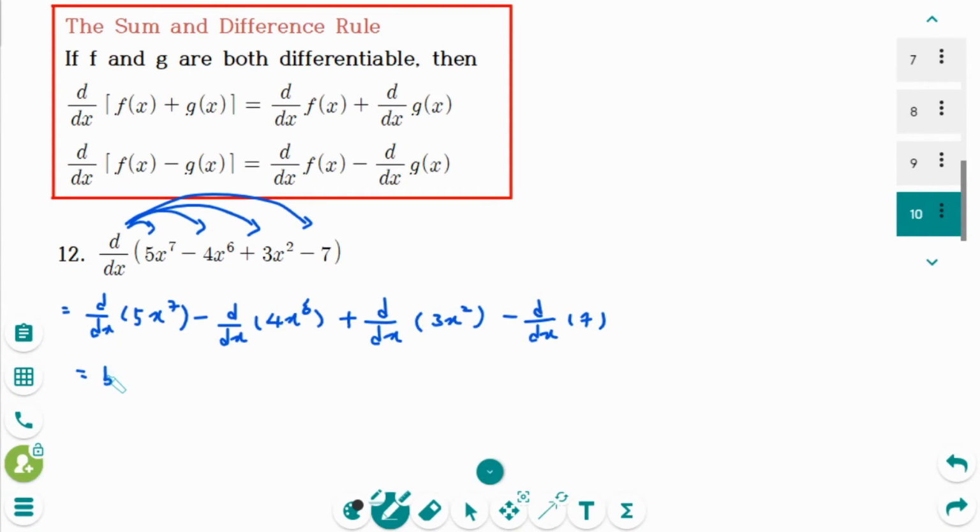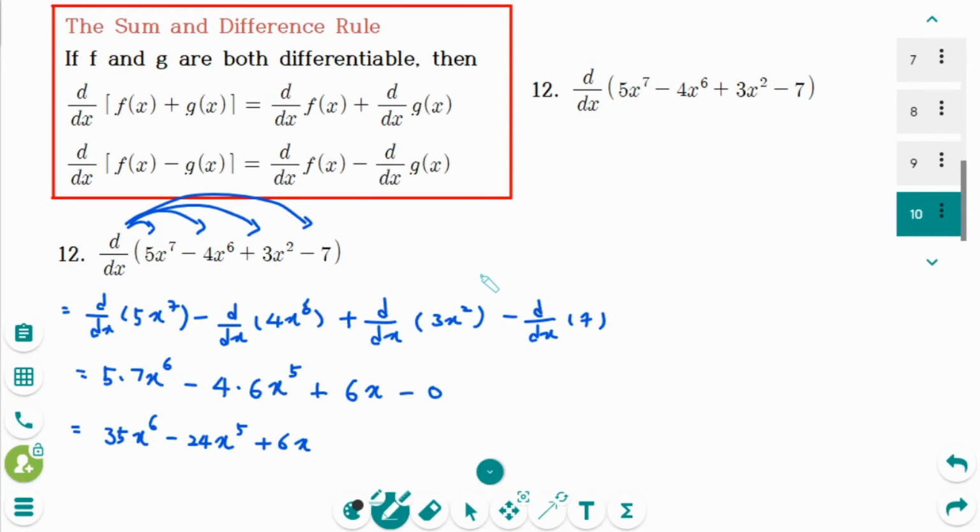So keep the 5, and then 7x to the power of 6 minus 4, 6x to the power of 5 plus 6x minus, which is 0. The final answer is 35x to the power of 6 minus 24x to the power of 5 plus 6x.